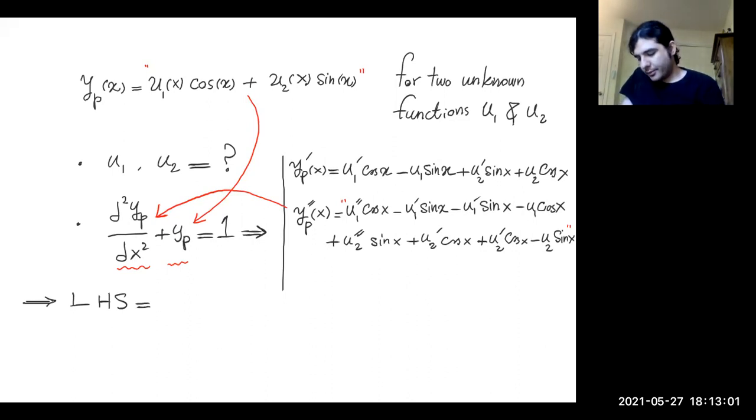Yes. This u1 cosine would cancel this minus u1 cosine, and this u2 sine would cancel this u2 sine. So their sum is equal to u1 prime cosine of x minus u1 sine of x plus the rest.